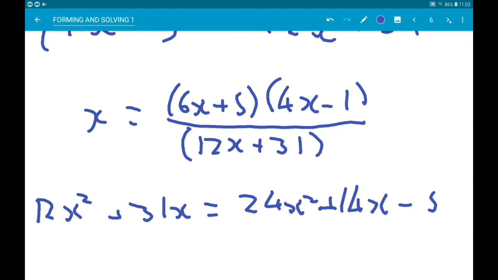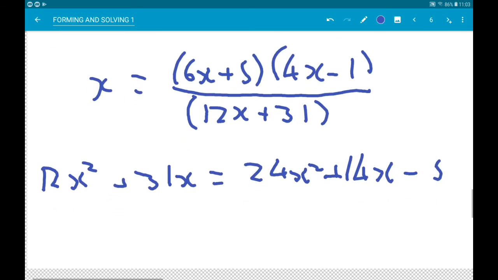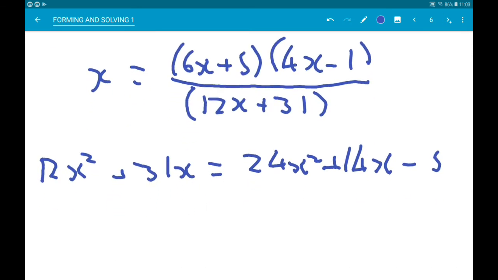Okay, now this is a quadratic, which means we need to get everything on the same side. So I'm going to subtract 12x squared. So that's going to give us 12x squared. Then I'm going to subtract 31x.